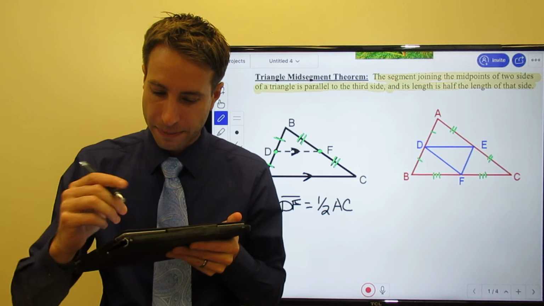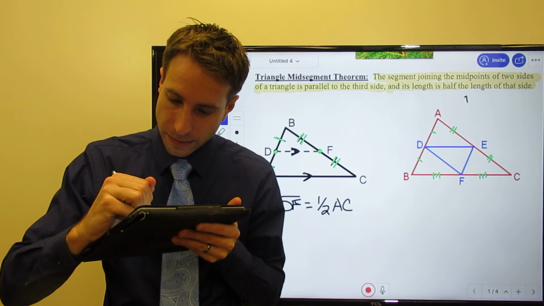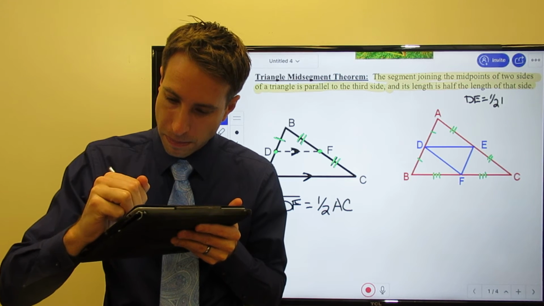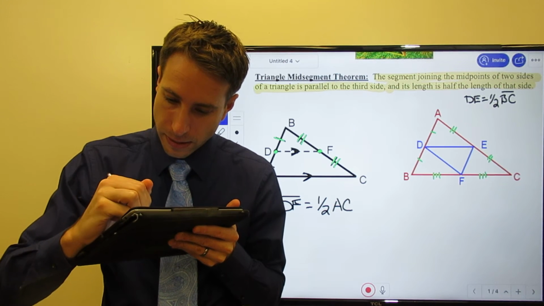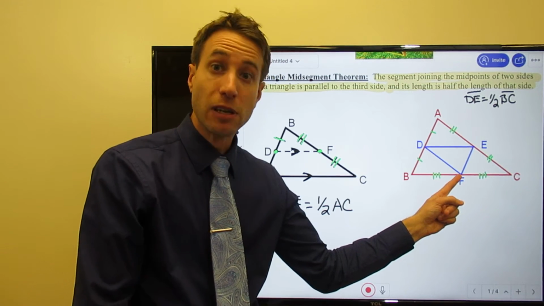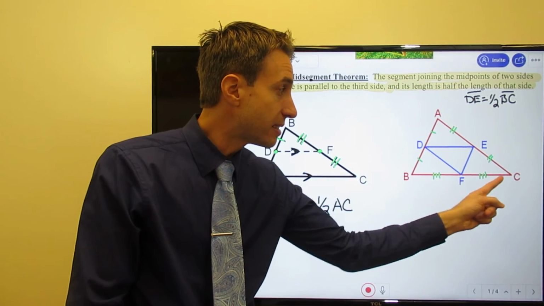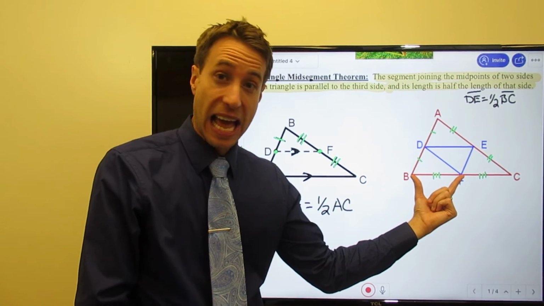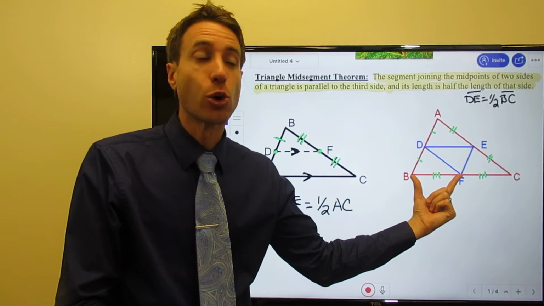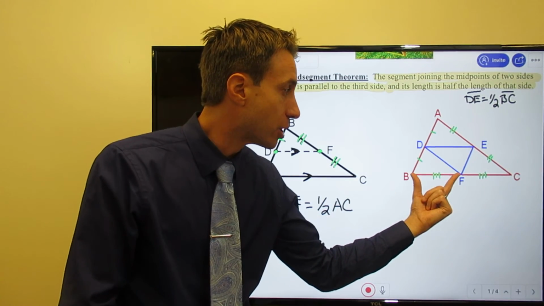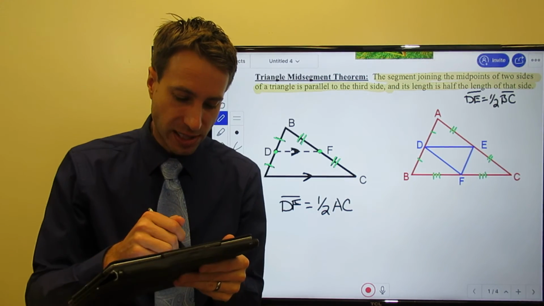So let's write that. DE is 1/2 BC. But look, F splits BC in half, right? This is half of BC. So what that means then is DE is also congruent to both of those segments.